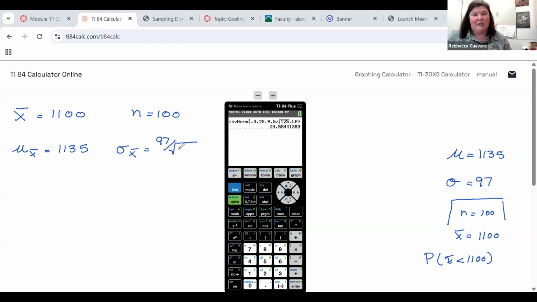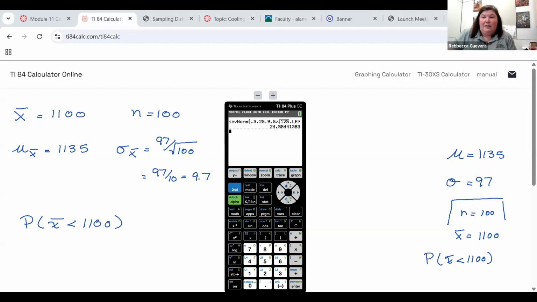And we're divided by the square root of the sample size, so we're going to divide by the square root of 100. So this is going to be 97 over 10, or 9.7. Because the square root of 100 is 10, we don't need to worry. We can just get a whole number. We don't have to keep the square root in there. So we want the probability that the mean of these 100 bulls is going to be less than 1,100 pounds. So we're looking at a less than.